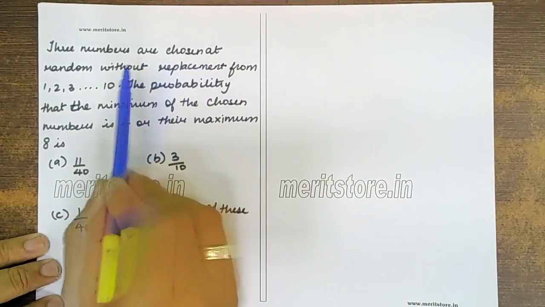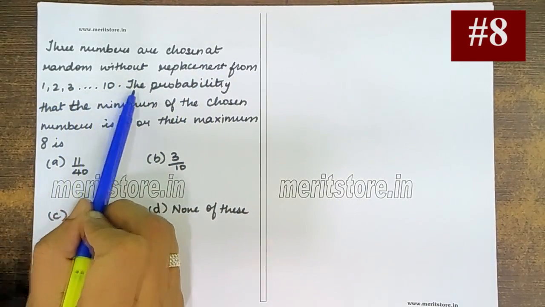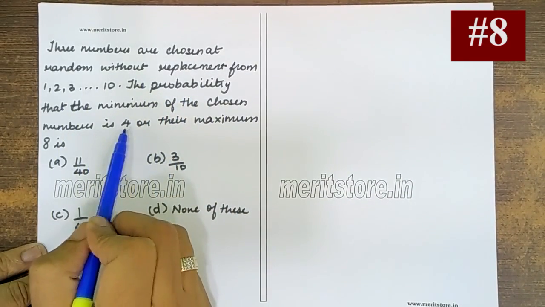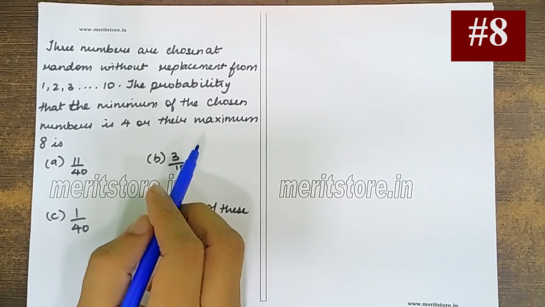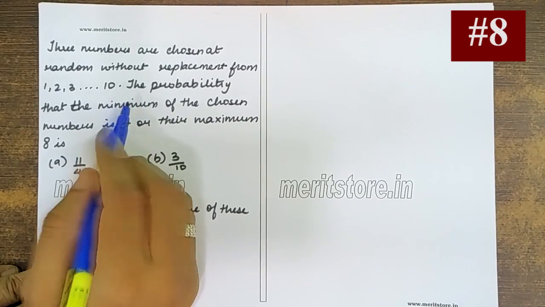Three numbers are chosen at random without replacement from the numbers 1 to 10. The probability that the minimum of the chosen numbers is 4 or their maximum is 8 is. Now first of all we'll consider the minimum.